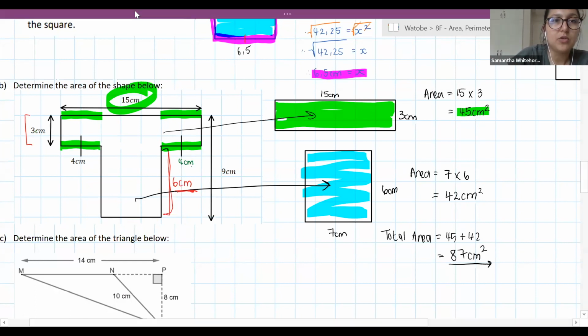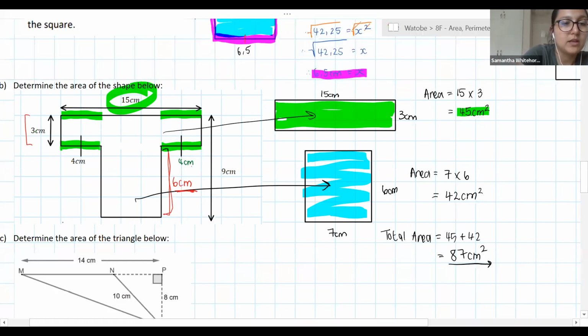If we know that the whole width of the shape has to be 15, and I've already got 4 centimeters on either side, that's already 8 centimeters, which means that the missing width at the bottom is 7 centimeters, because 7 plus 8 gives me the 15 centimeters in total.